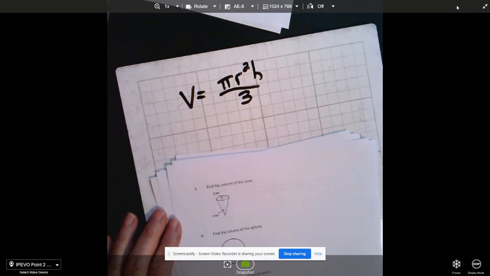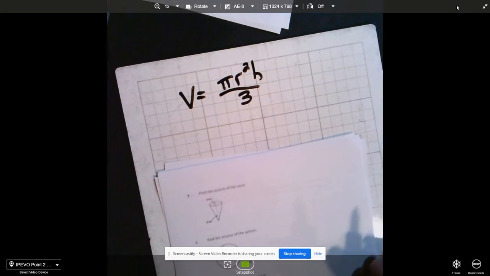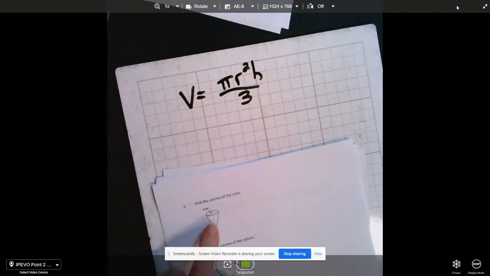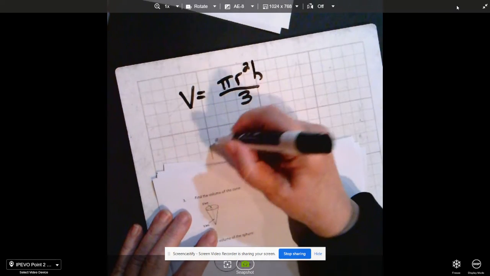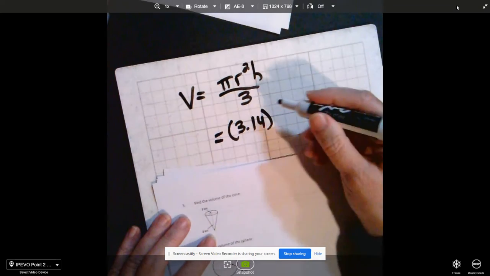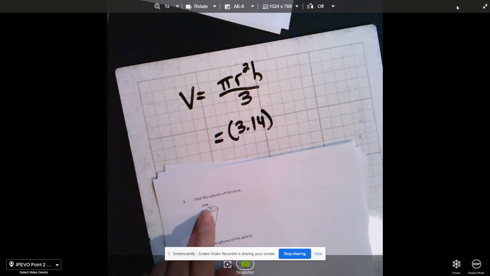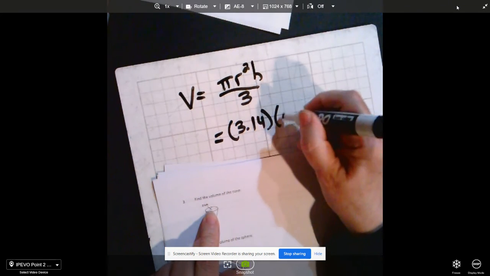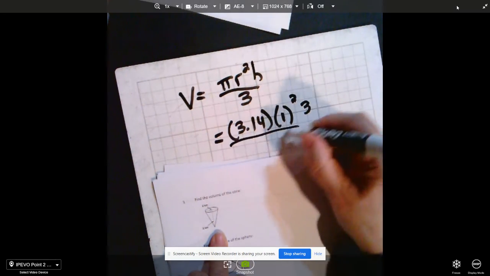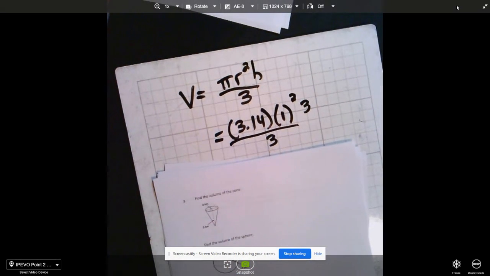And again, we're going to assume that they want us to use 3.14 for pi. So pi will be 3.14 r squared. Well, they tell me here that this whole thing is 2, so the radius would just be 1 squared, and the height is 3, and you're going to divide that whole thing by 3.